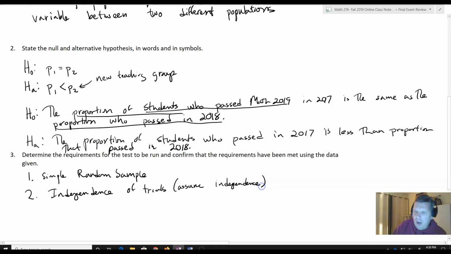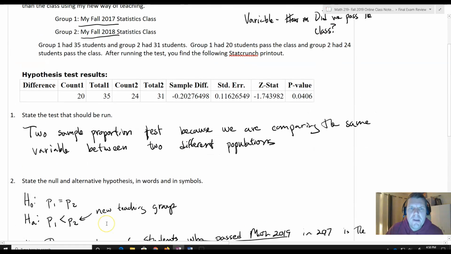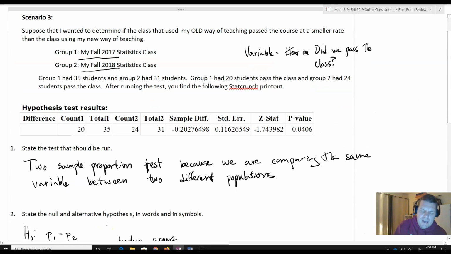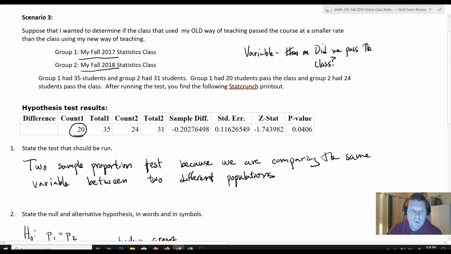Generally, we just look at how big the sample size is in comparison to the population. In this case, the sample size is about the size of the population, right? Our population is 2017 versus 2018. So it's a little bit problematic, but let's just assume independence at the moment, okay? Three is really where our problem is. If we go back up here, what we notice is the count of those who passed in the first class was 20, and the total was 35.